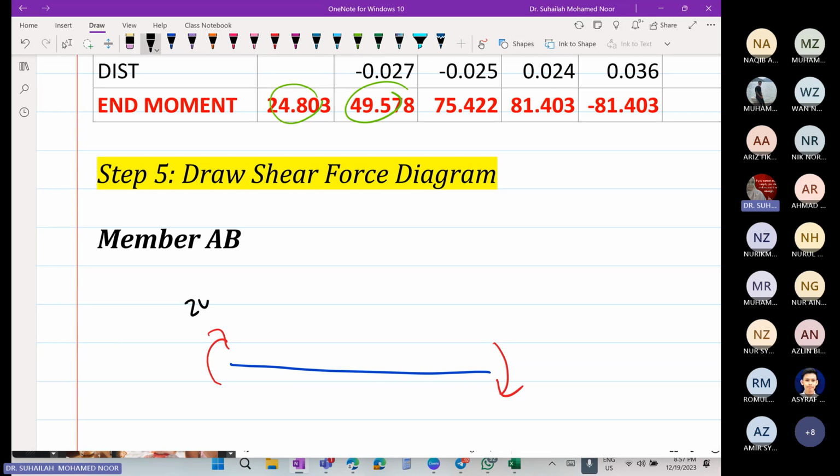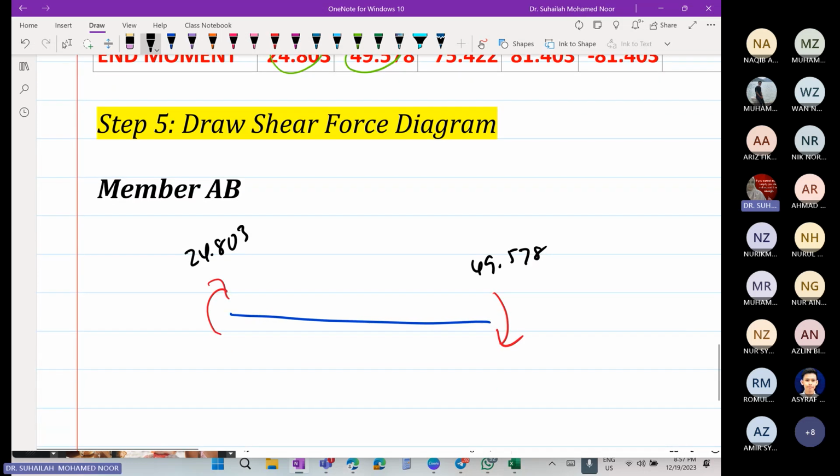So it is 24.803 and 49.578. And don't forget, we have to put here AY, this is BY1. AY and BY1 mean the shear force.